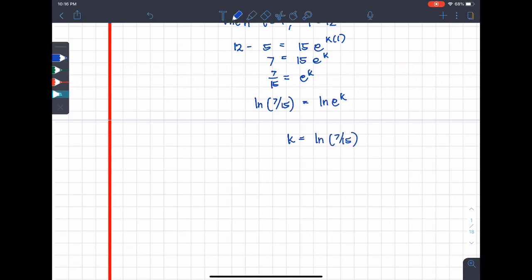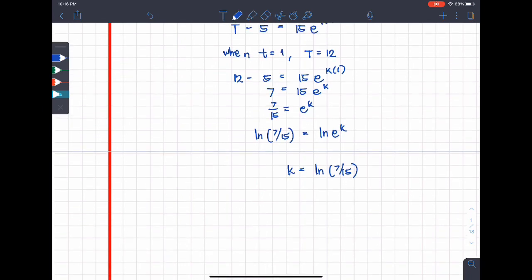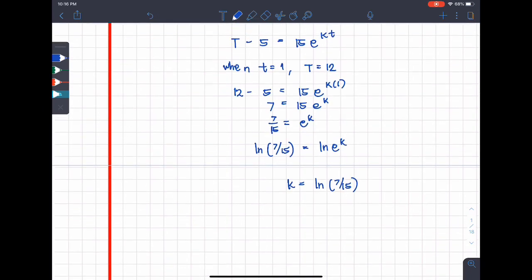So now that we have the proportionality constant k, substitute it to our equation. So T minus 5 equals 15 e raised to, our k is ln 7 over 15, multiplied with t. I'm just going to write t first. So t ln of 7 over 15.